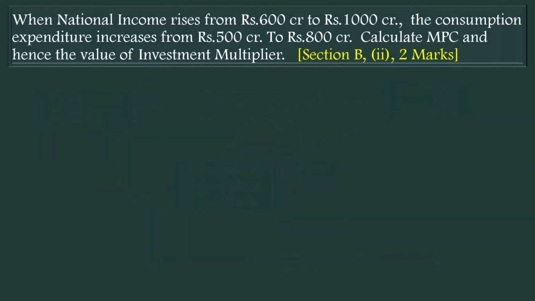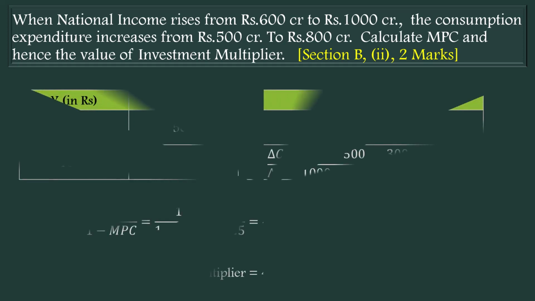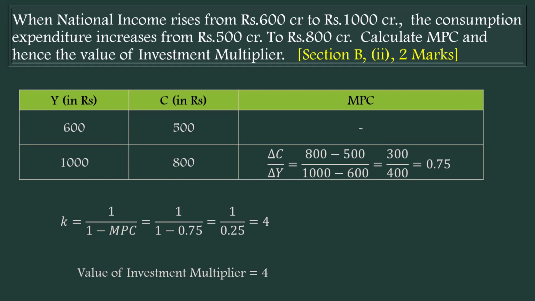When national income rises from 600 crores to 1000 crores, the consumption expenditure increases from 500 crores to 800 crores. Calculate marginal propensity to consume and hence the value of investment multiplier. First, let us calculate marginal propensity to consume.